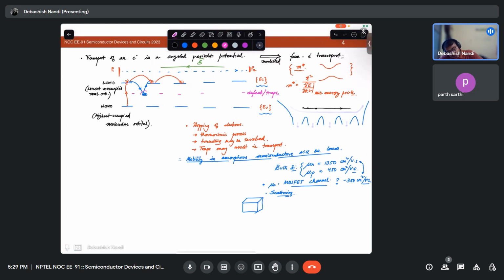Suppose you have a trap here, let's say this is a trap. Once an electron is trapped inside a trap state, it is a very statistical phenomenon after what time it will be released.